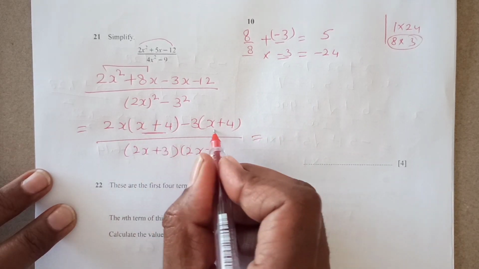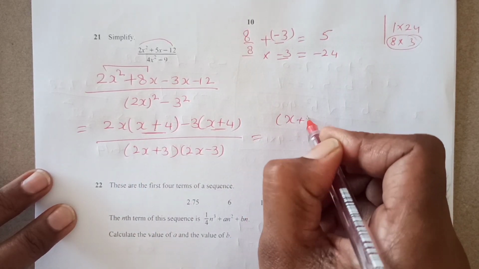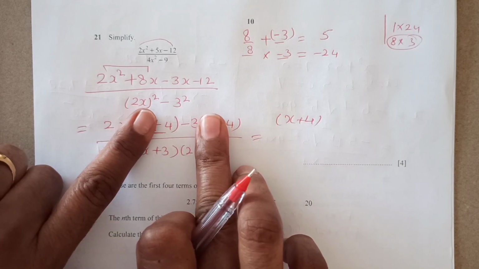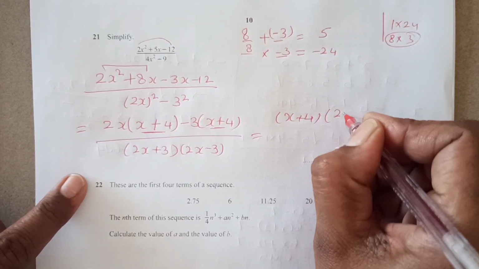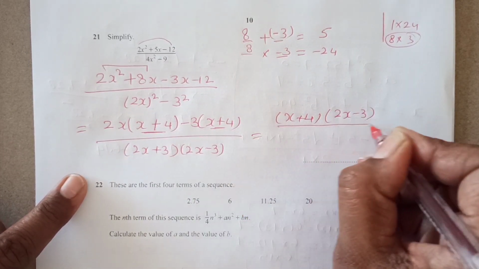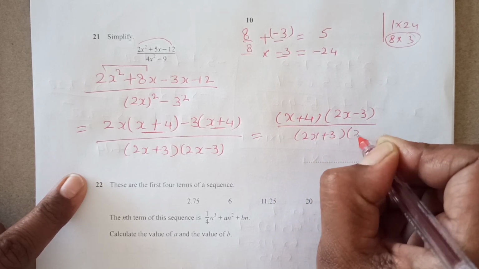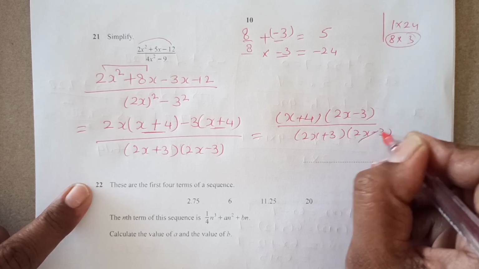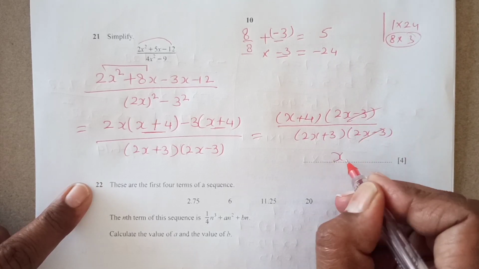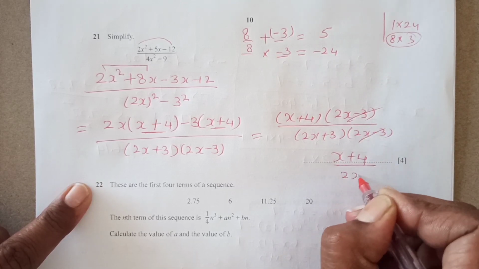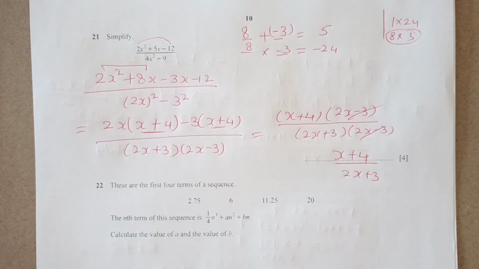So now this x plus 4 is common. Once you take this x plus 4 out, then you have 2x minus 3 over 2x minus 3, 2x plus 3. This and this go. So your answer is (x plus 4) over (2x plus 3).